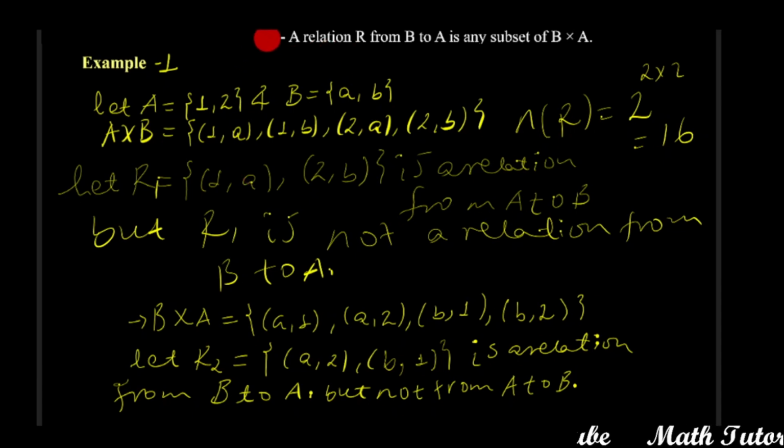A cross B is from A to B. If we take a subset of this B cross A, we form a relation from B to A. For example, (a, 2), (b, 1) is a relation from B to A. But this is not a relation from A to B, because the first element is not an element of A and the second element is not an element of B. This is a relation from B to A. The first element is an element of B and the second element is an element of A.